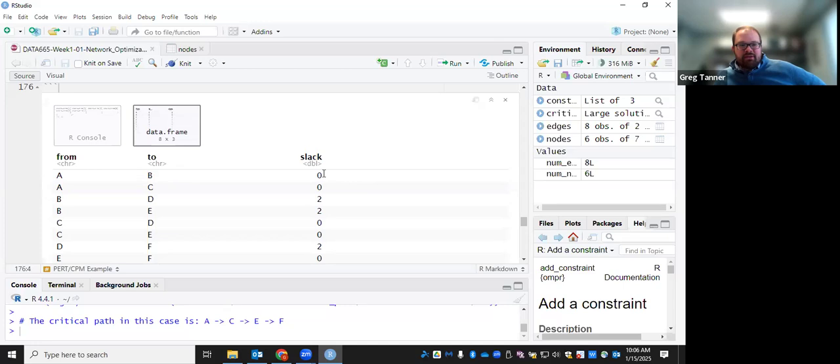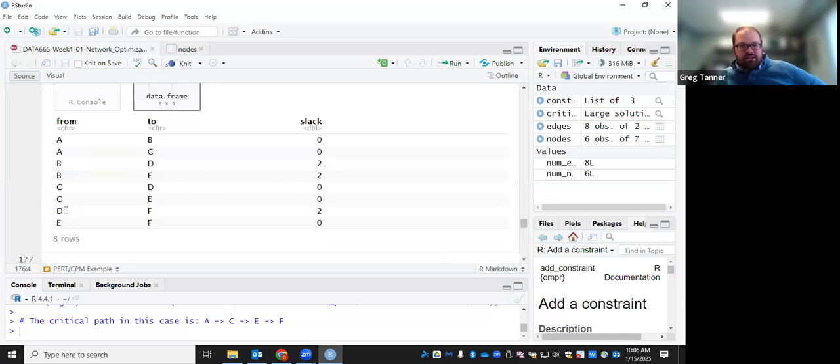The maybe more important thing to note here is that B to D has slack, which means that we know that B is not on the critical path, and B to E also has slack, so we know that B is not on the critical path. Okay, and so in determining what's on or off the critical path, maybe look more at which nodes on the from side have some slack. And then we also see that D to F has slack, and so we know that D is not on the critical path.